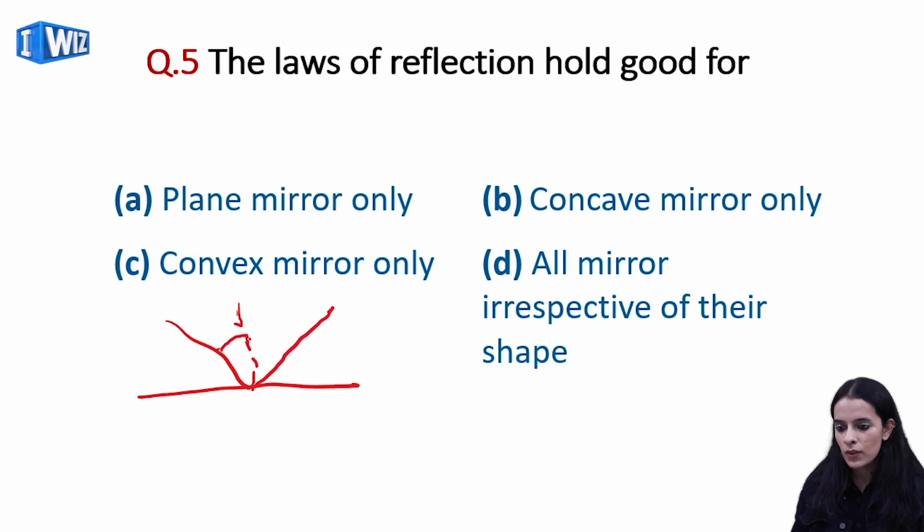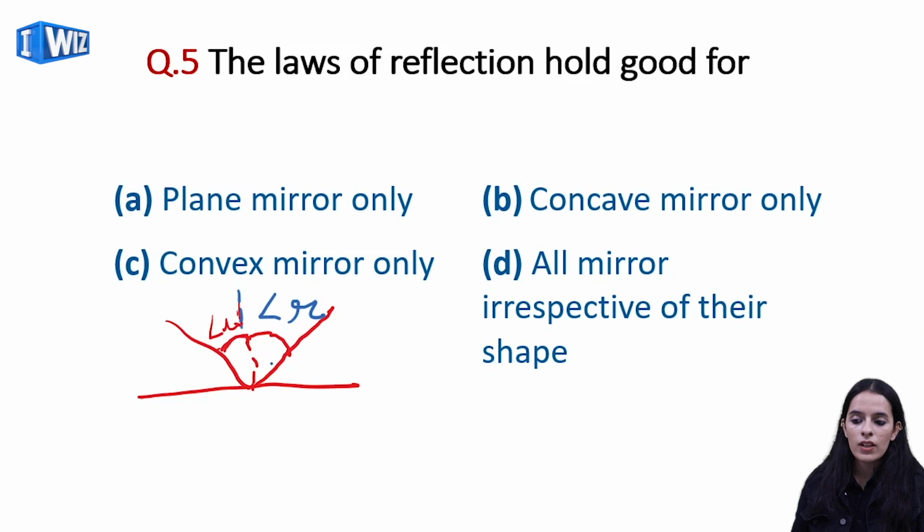But the angle made by the incident ray with the normal is called the angle of incidence. The angle made by the reflected ray with the normal is called the angle of reflection, and this one, the central ray, is called the normal.